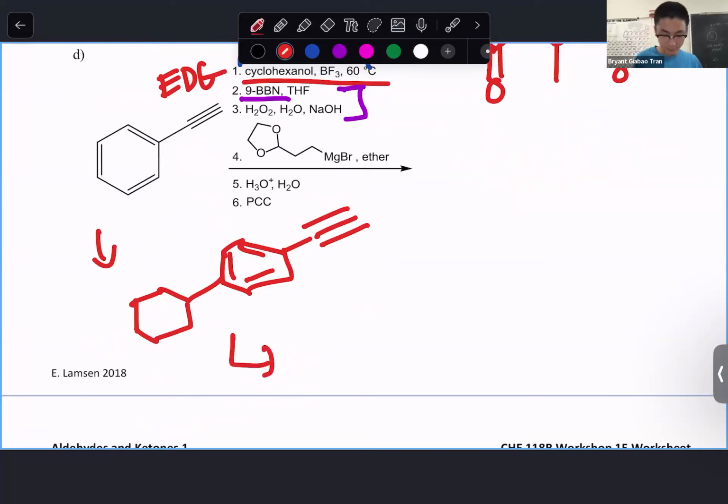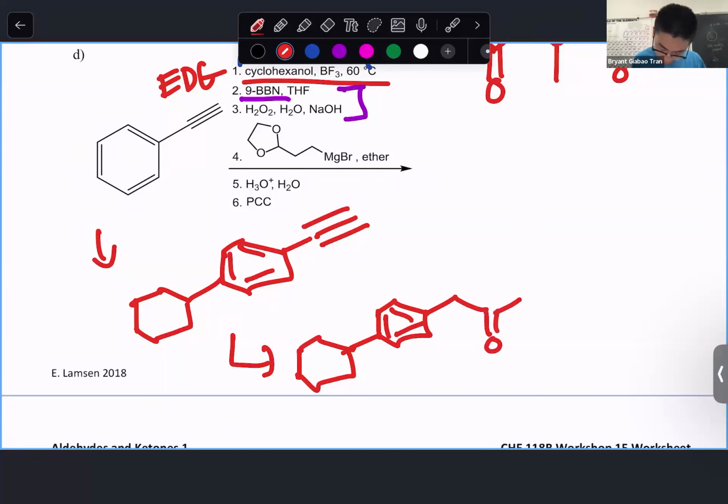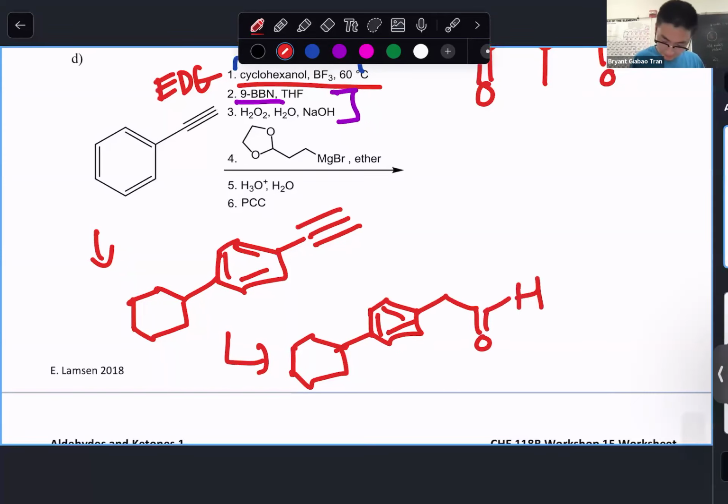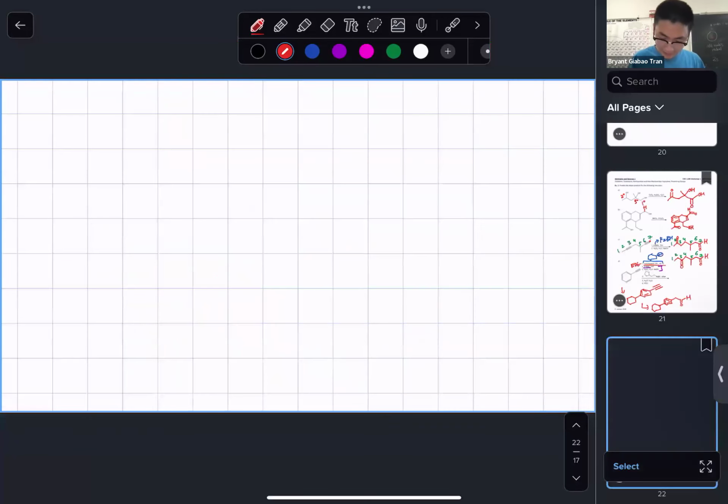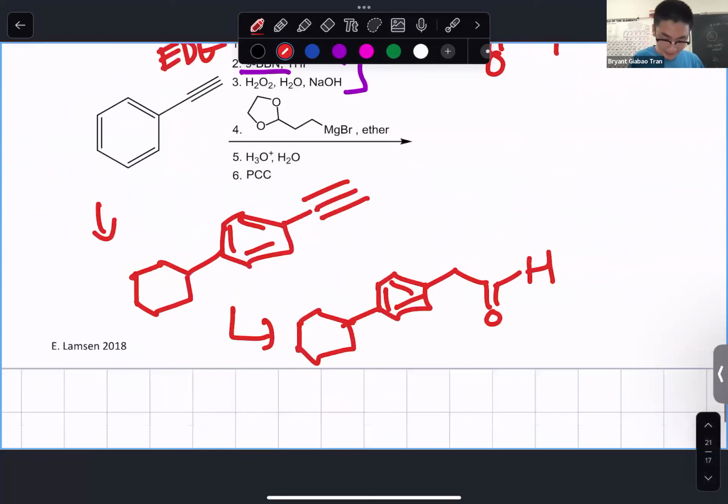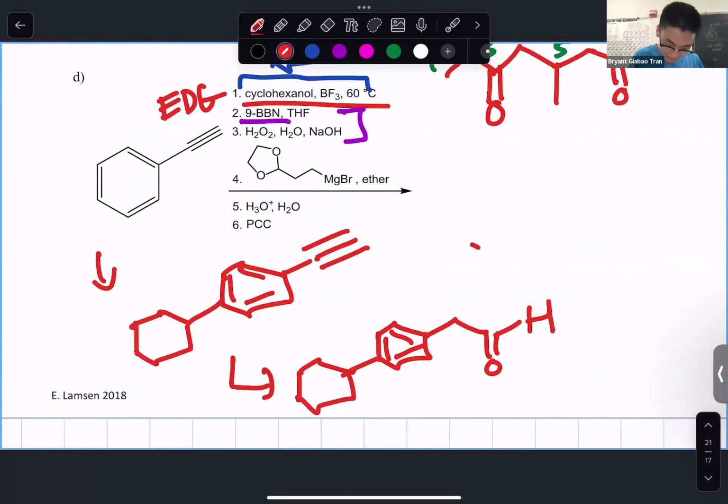And like we said in the last example, we always get an aldehyde. Oh, wait, no. Aldehyde. There we go.